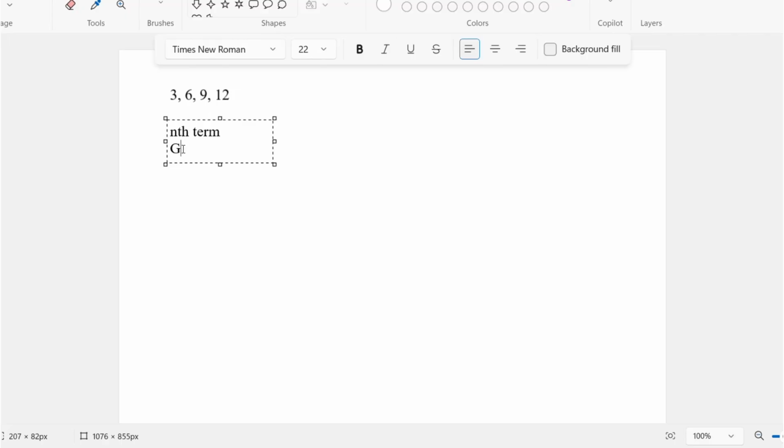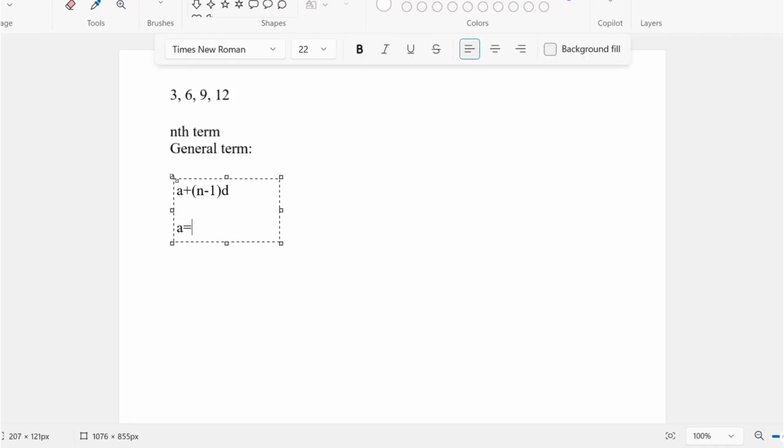and the nth term or the general term, there is a specific formula that we could use to find the nth term or the general term, and that is a plus n minus 1 times d.